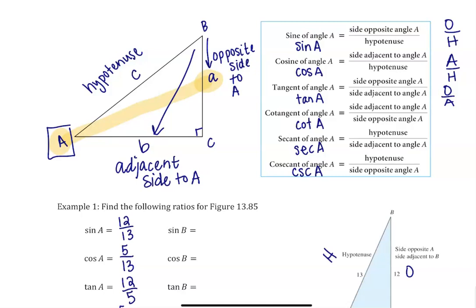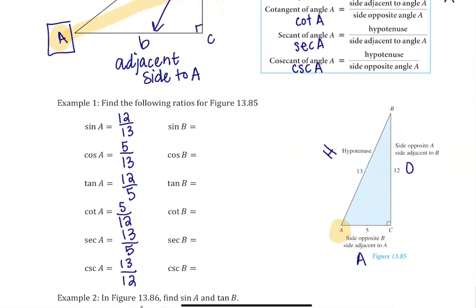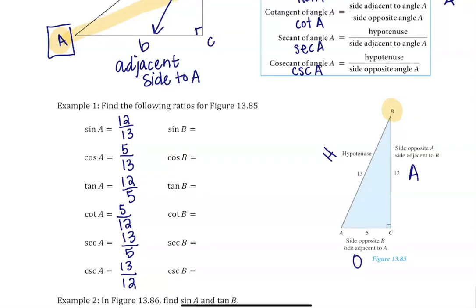angles. All right, now let's go back to example 1, and this time I want us to use our reference angle as angle B. So now our adjacent side is the length 12, and our opposite is the length 5. And so the sine of B is going to be opposite over hypotenuse. The cosine is going to be the adjacent, which is 12, over the hypotenuse, and the tangent is going to be 5 over 12.